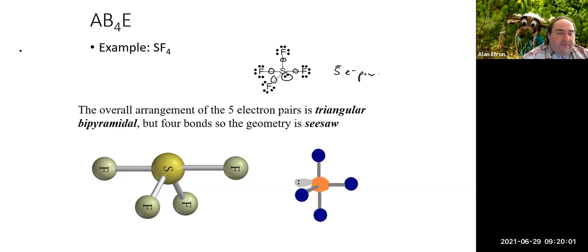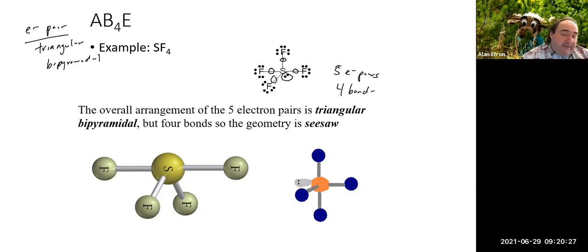So just like before, that is going to give us our same electron pair geometry shape, a trigonal bipyramidal. Building back in the bonds here, we went from 3, where we got this T-shaped, to now 4 bonds in this particular case.